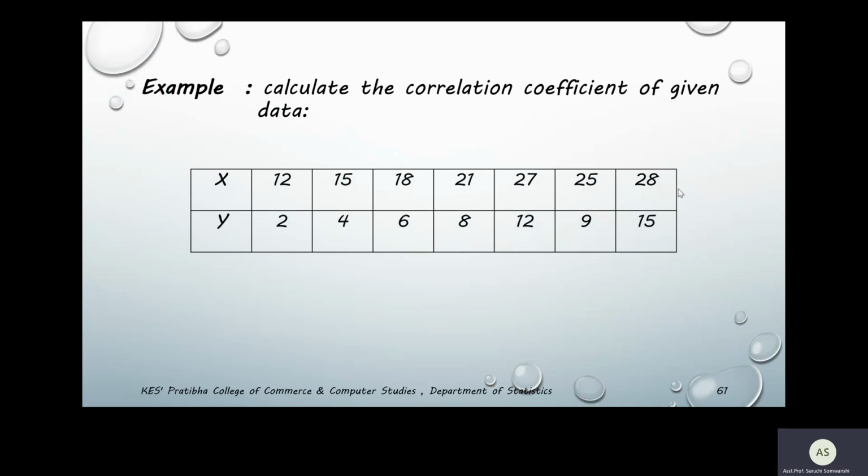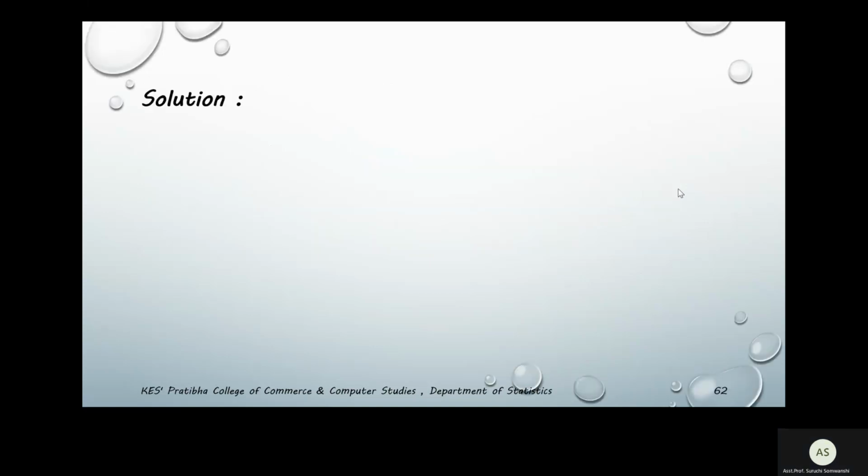Between these two variables, we want to check whether there is any type of correlation or not. If yes, then what kind of correlation is it? So let's see how we are going to calculate.